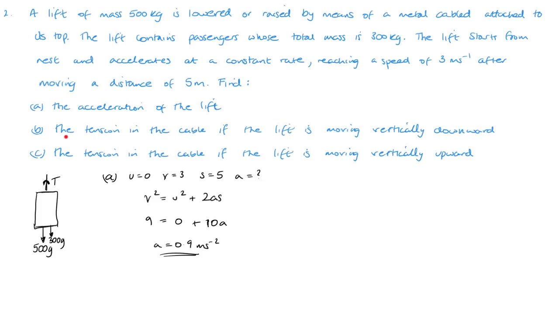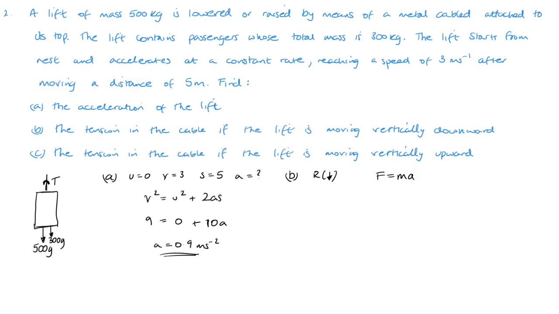Now, part B, the tension in the cable if the lift is moving vertically downwards. We're going to resolve vertically, and I put the arrow as down because that's my positive direction. So we've got F equals ma.